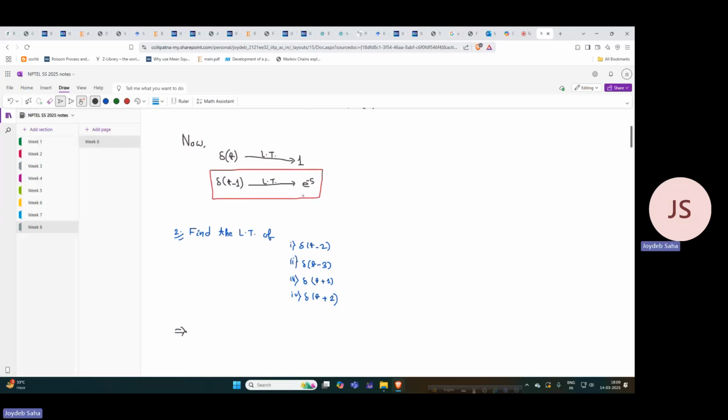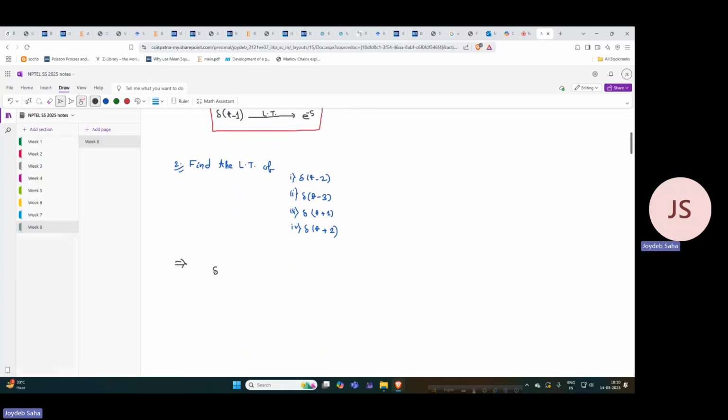Try to solve these four questions by yourself, and then I will solve it for you. If you can solve, just match the answer with mine, and if you cannot, I will solve it for you.